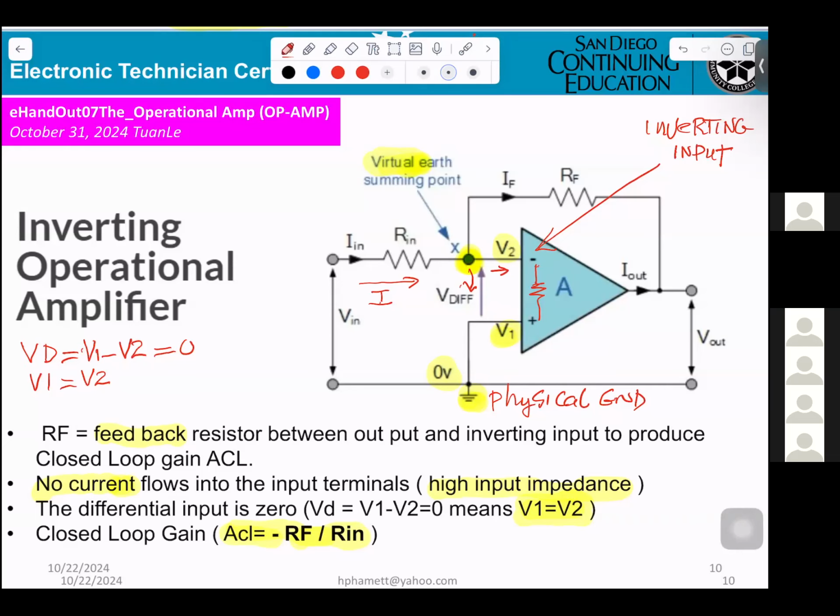First thing, current cannot go through the op amp, because of the high input impedance. That's what we're talking about here. However, my next question is, how does current go down? Who can tell me?